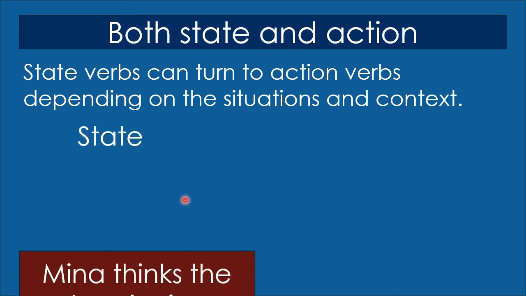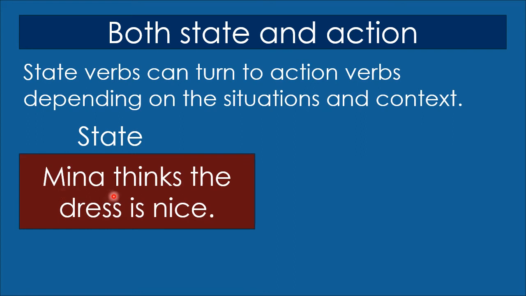Look at the example. Mina thinks the dress is nice. Here think is used as a state verb because it is not describing any action. It's describing an opinion. It is a mental state.